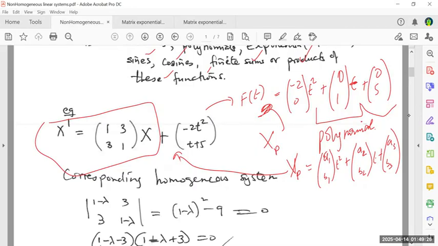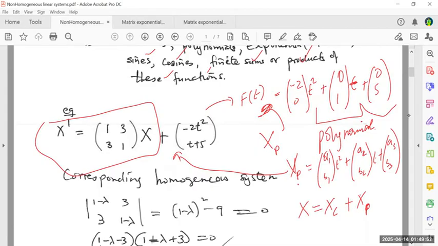You solve the associated homogeneous system and then solve for the particular solution, and the solution will then be the complementary function plus xp, the particular solution. So that's exactly the same thing that you're doing. You just need to do some bit of algebra on matrices when you plug xp back into the system.